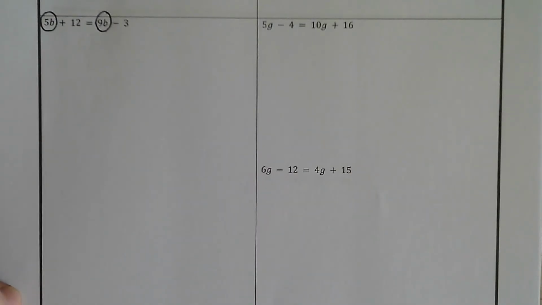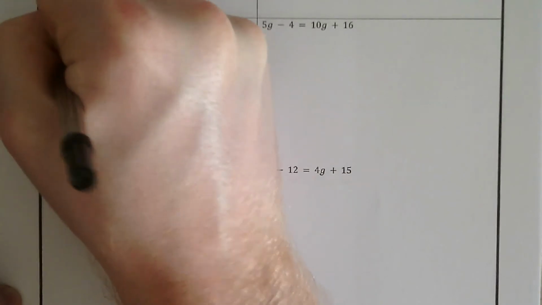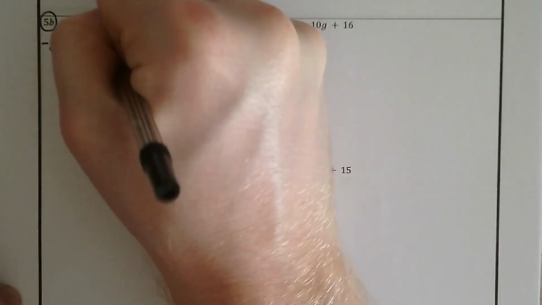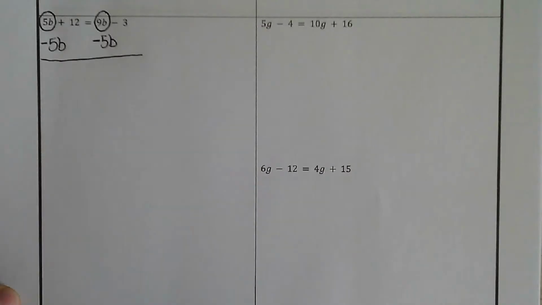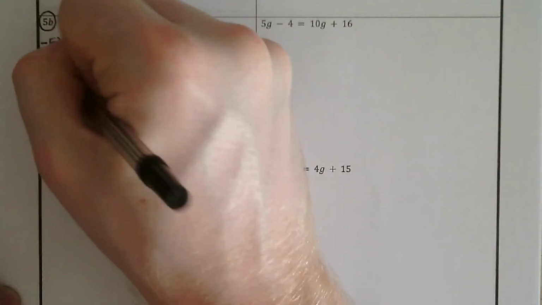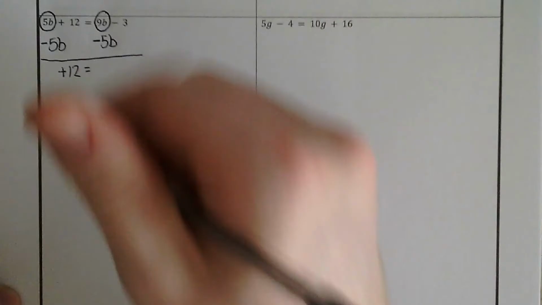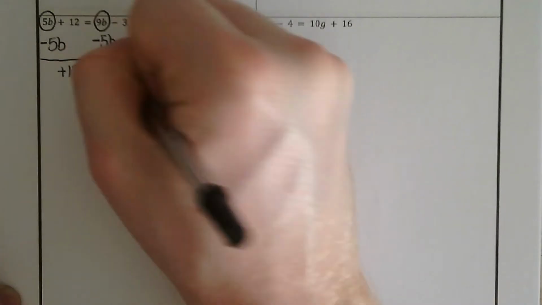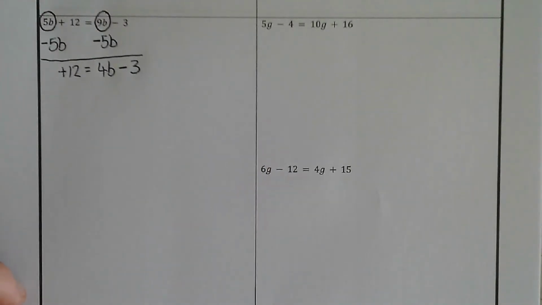So to undo the 5b, we need to subtract 5b from both sides of the equation. 5b take away 5b is nothing. The plus 12 is going to drop down. The equal sign drops down. 9b take away 5b is 4b. And the take away 3 is still going to drop down.